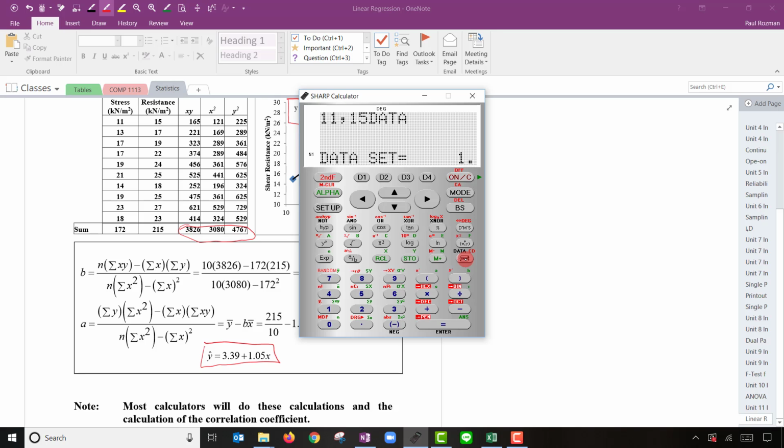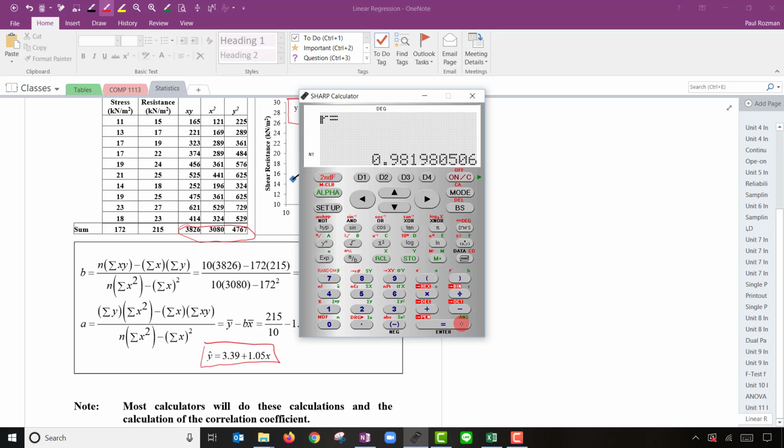And now that point is in the calculator, and then you have to repeat it, 13, comma, 17, and hit your data button. And you keep doing this, 17, comma, 19, data. So say I have the three values in there. If you look above your buttons here, your correlation coefficient is R, so it's alpha and the divide sign, and it gives me the correlation coefficient.